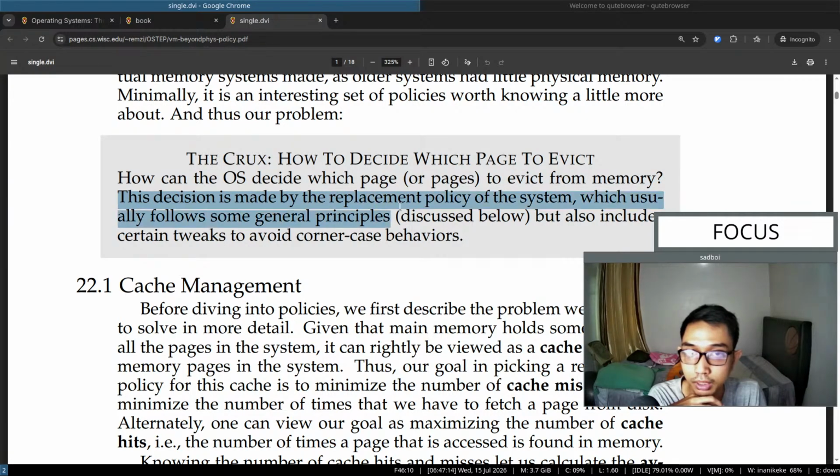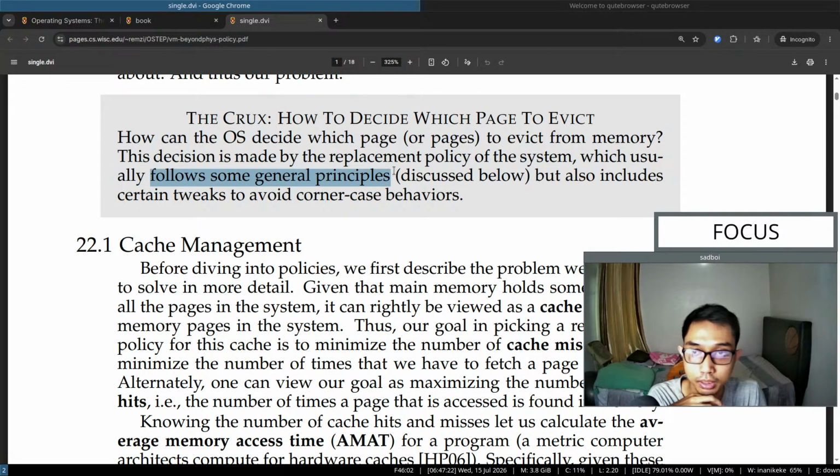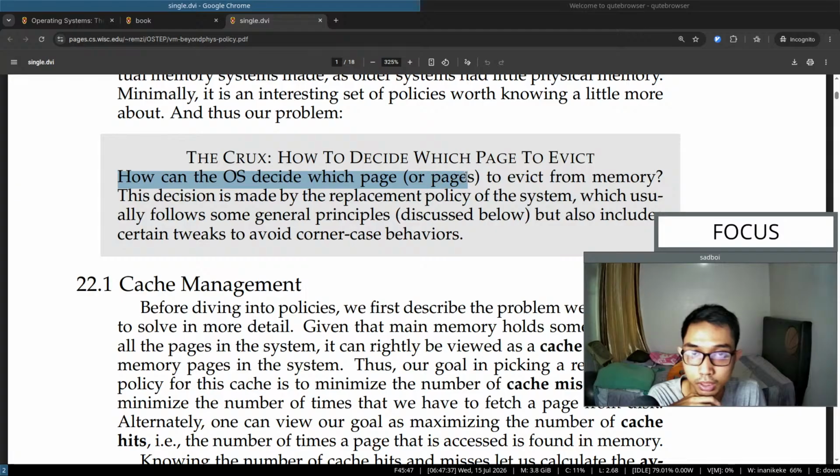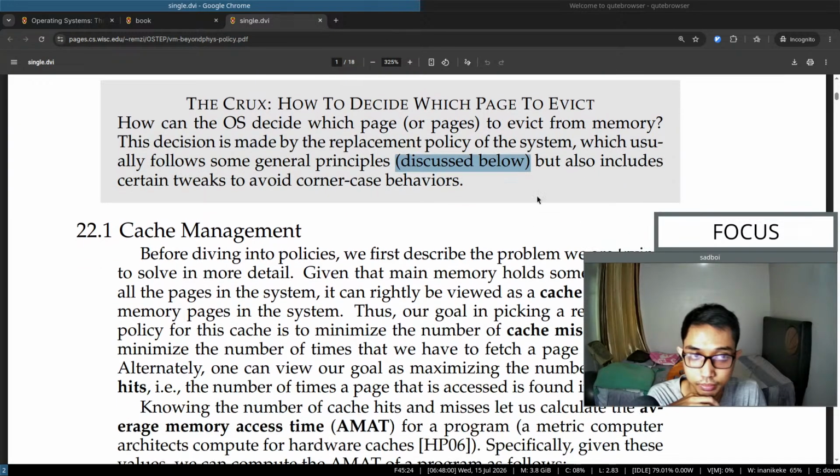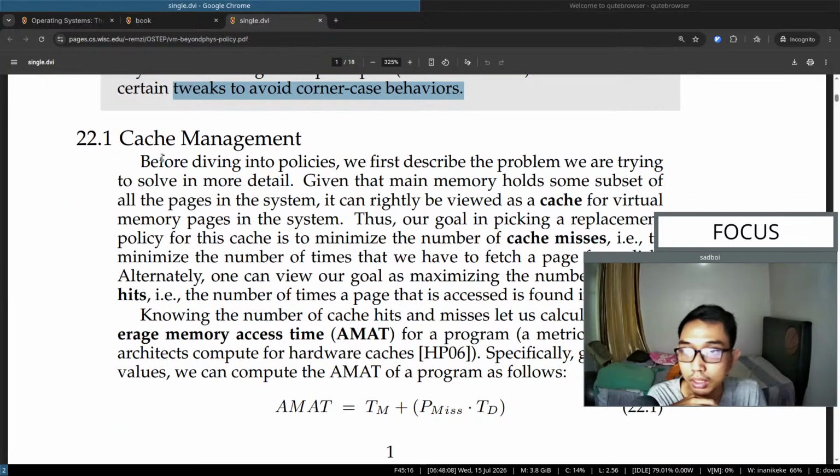This decision is made by the replacement policy of the system, which usually follows some general principles discussed below, but also includes certain tweaks to avoid corner-case behavior.